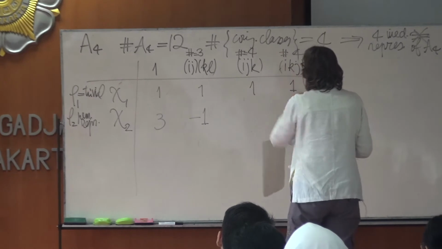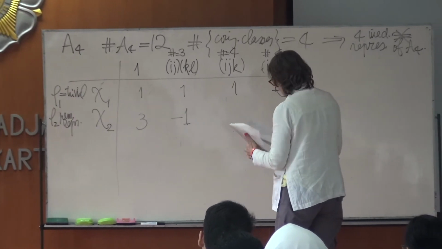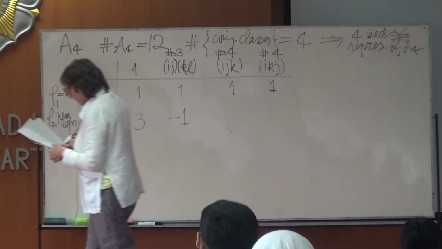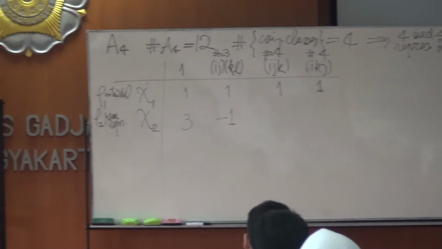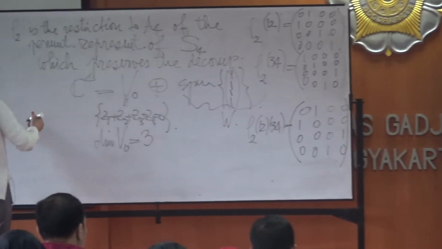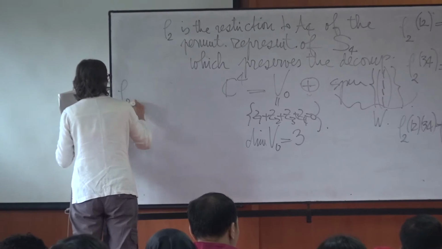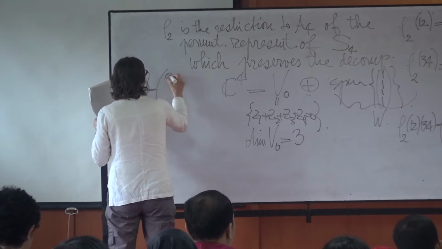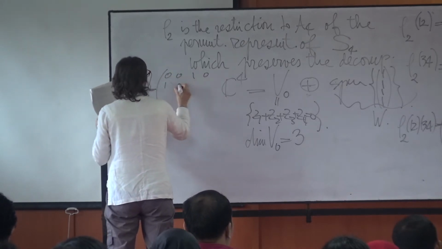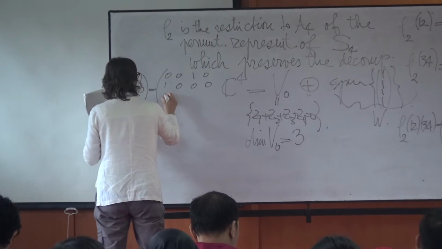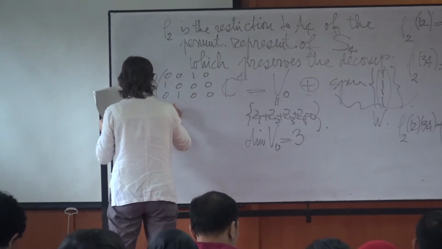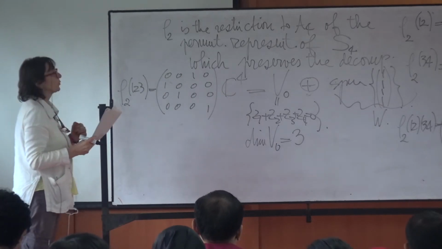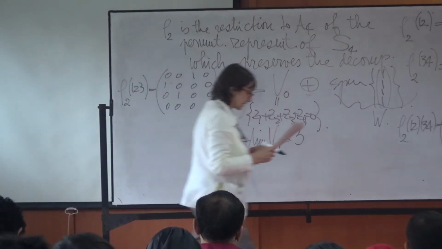Now we go on to the 3 cycles. On the 3 cycles, it's enough that we compute the trace, for instance, of rho 2 of (1 2 3). The matrix of (1 2 3) is 0 0 1 0, 1 0 0 0, 0 1 0 0, 0 0 0 1. The trace is 1, but we have to remove 1, so we get 0.